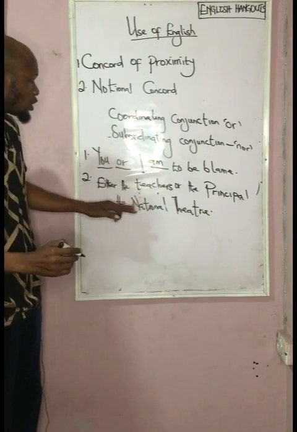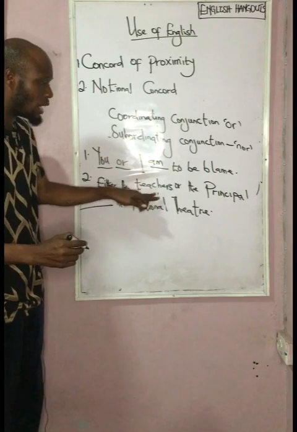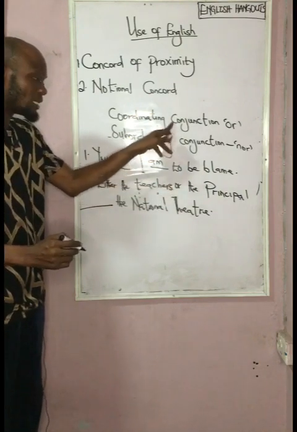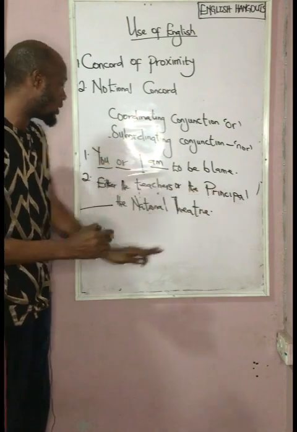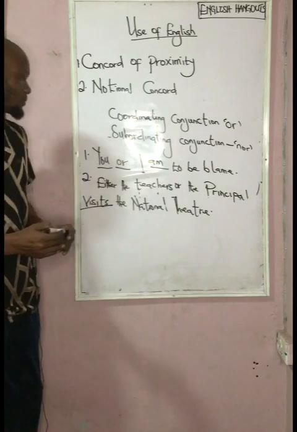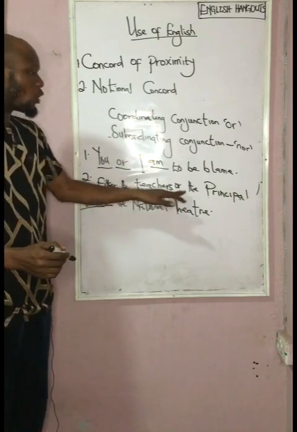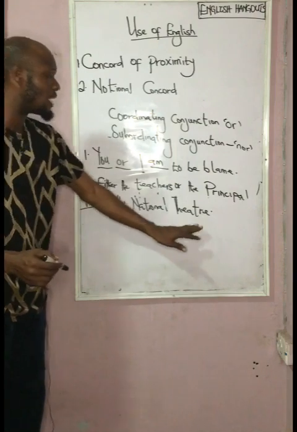If it is a situation of this form, either the teachers, the first subject here is a plural, or here is a coordinating conjunction. The next subject we have after, the principal, is singular. Therefore, the appropriate verb will be visits. Either the teachers or the principal visits the National Theatre.